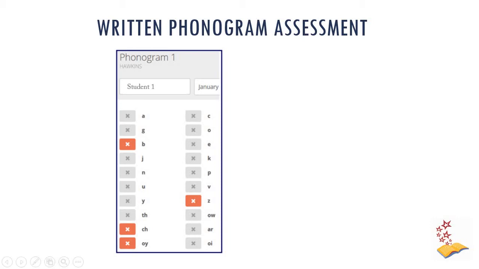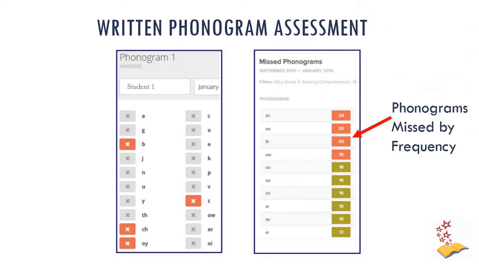Once all student data is inputted, OAMS will generate a report that lists the phonograms missed by frequency. This useful report will allow teachers to reteach or review the phonograms the students are having difficulty with, thus maximizing their instructional time and focusing on phonograms that need extra practice. The missed phonograms report can be generated at a class or student level.